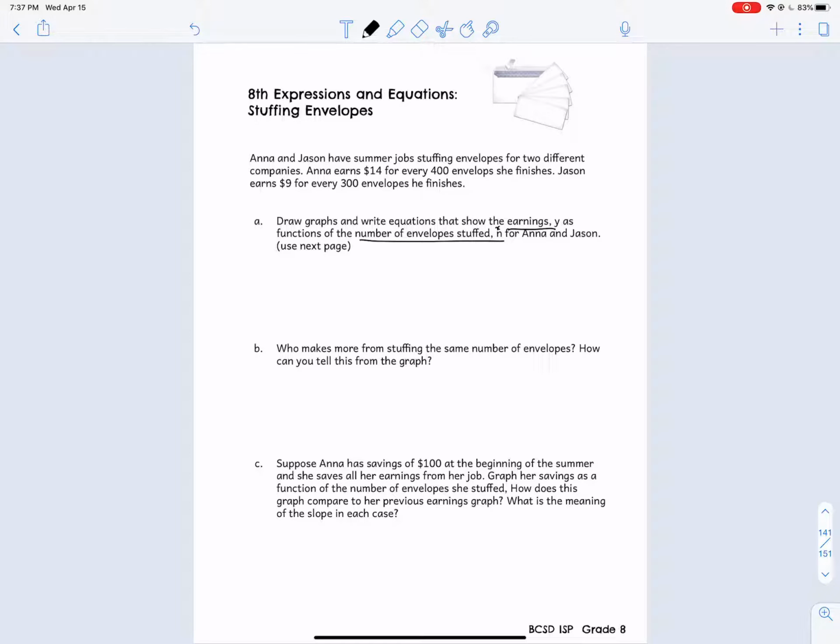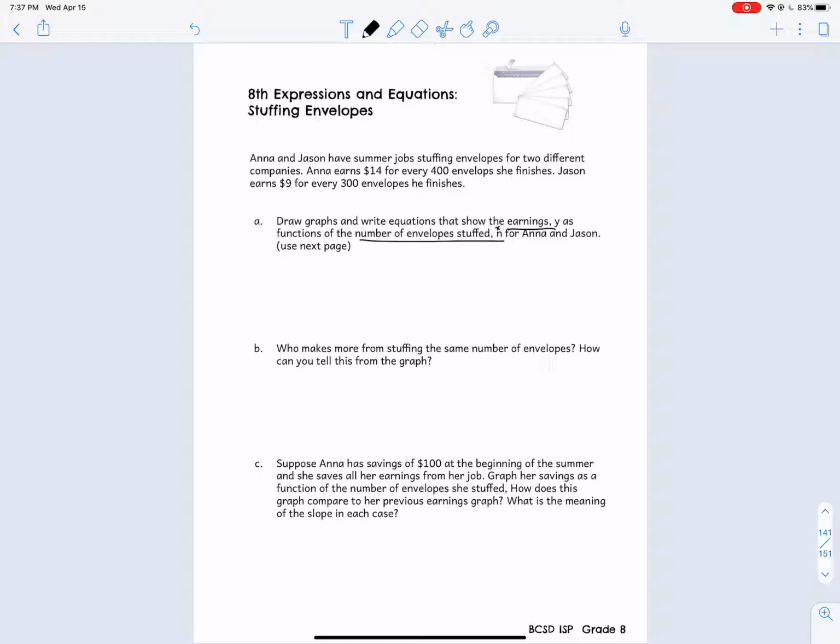Anna gets $14 for every 400 envelopes she finishes. So first of all, what do we think she will make if she does 0? I would say she would make $0. So this is a proportional relationship.